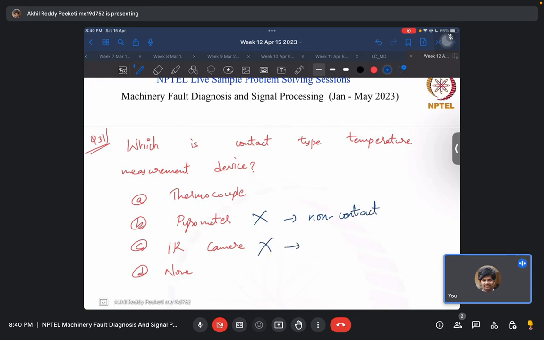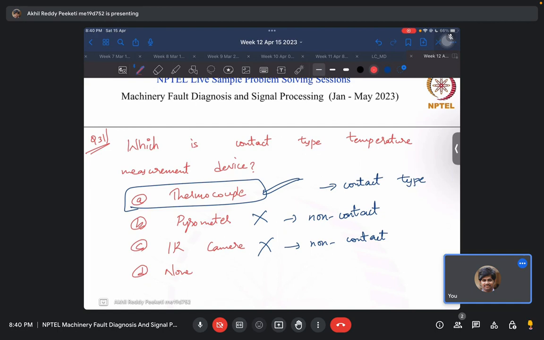Even an IR camera is a non-contact type. So thermocouple is the contact type temperature measurement device.